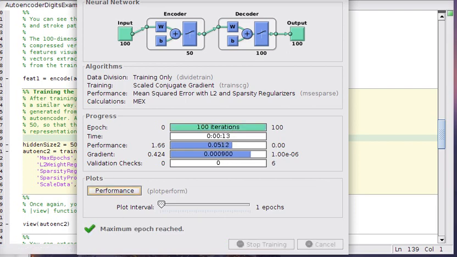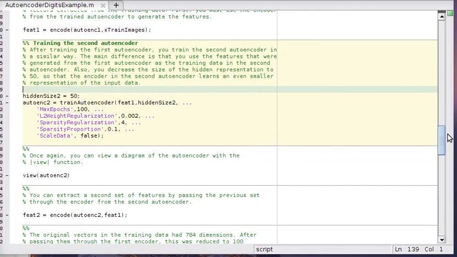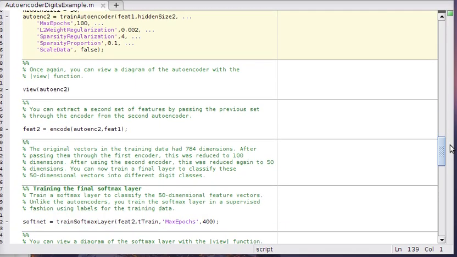And done. Good. Okay. So now what we're going to do is paste the neural nets together to go from 784 to 100 to 50. Okay, and then oh, we might be doing one more. Let's see, we've already viewed the autoencoder.